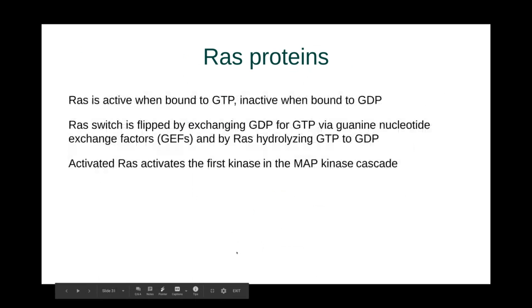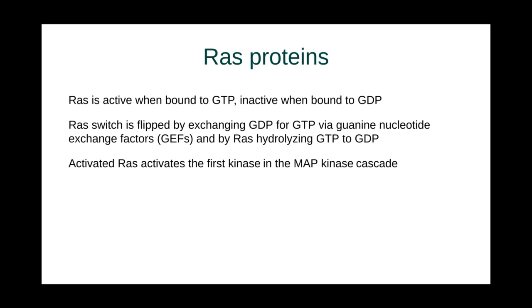Now we have RAS proteins. RASes are classes of proteins that are active when they're bound to GTP, and inactive when they're bound to GDP. So remember, GTP is guanine triphosphate. GDP is not monetary in nature at all. It's guanine diphosphate.